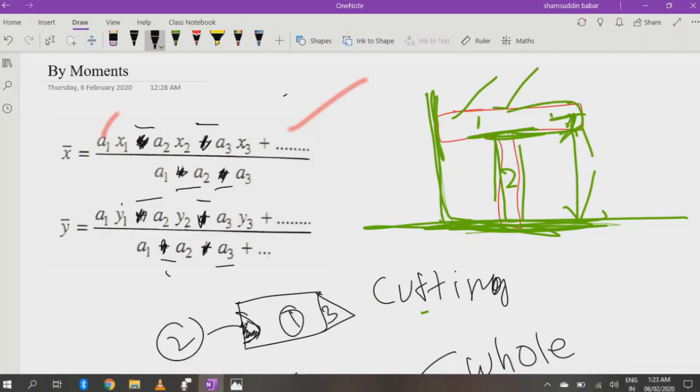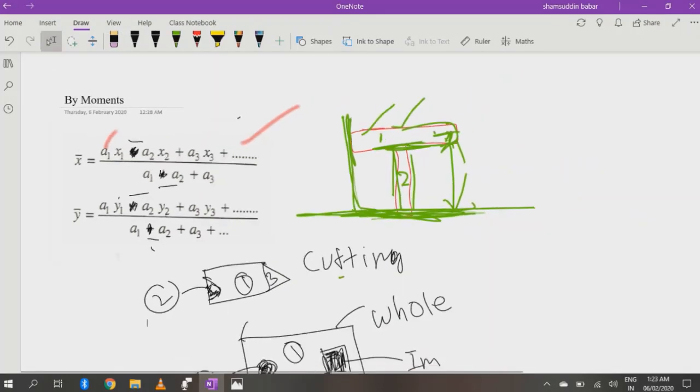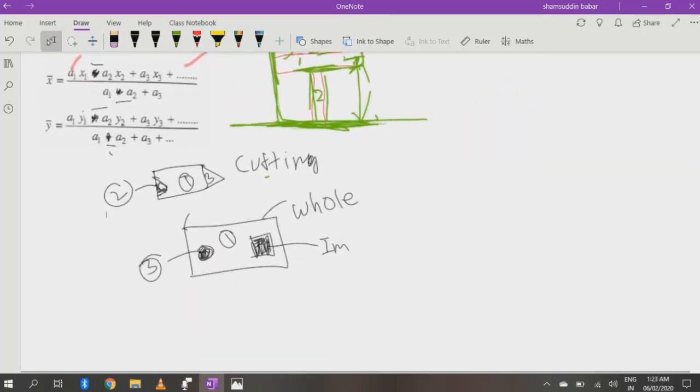My formula will become like this: the cutting section will be negative, so the second section is negative but the third is not. This is the concept that I wanted to give you about the cutting section, to find the center of gravity of a cutting section.